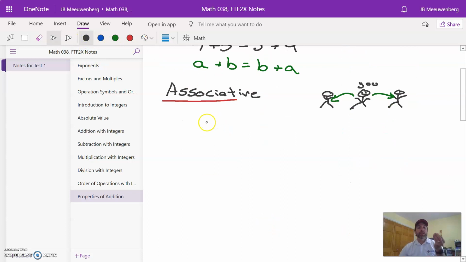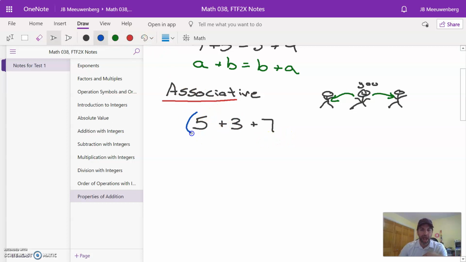So, if we're adding three numbers, let's say we have 5 plus 3 plus 7, and we need to add those three numbers. If you think about the order of operations, didn't we say when we're adding, we always go from left to right?